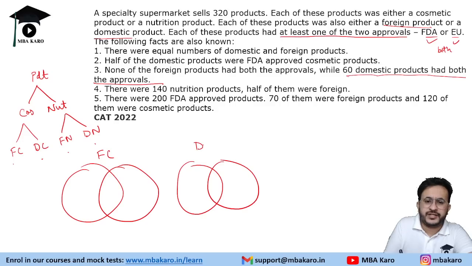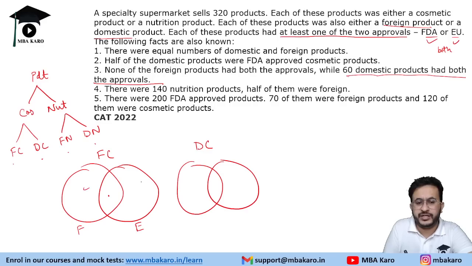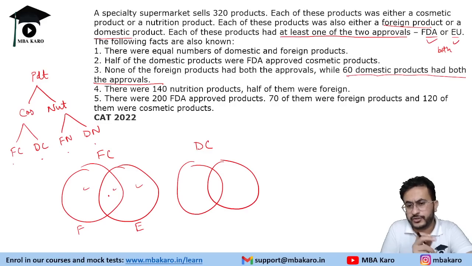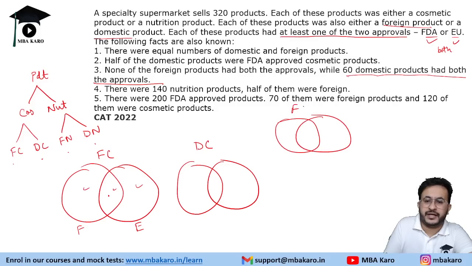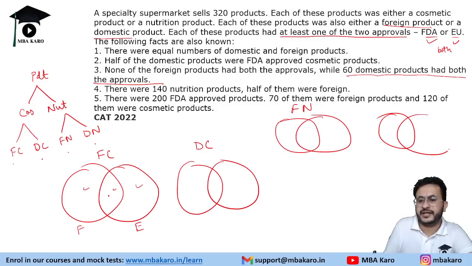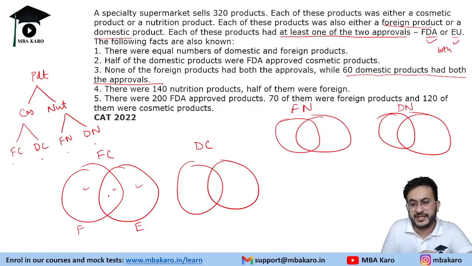Similarly, domestic cosmetic. You will make FDA and EU, and because there were some conditions given, only FDA, only EU, both. So based on that, you would fill the Venn diagrams. Similarly, foreign nutrition and domestic nutrition. So four Venn diagrams were needed to solve this in an optimum manner. You can check out its solution also and see how I solved this set.